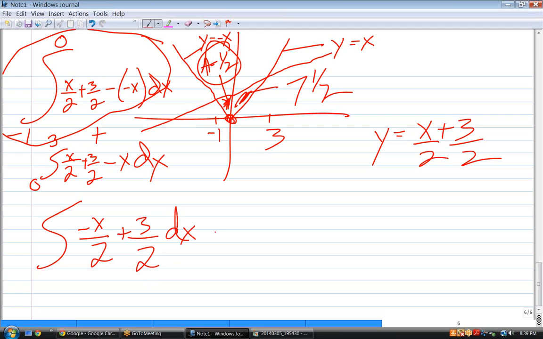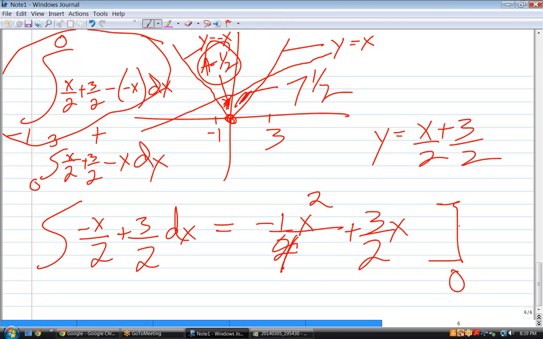Let's just go ahead and integrate it without taking the half out. So that's minus 1/2 x squared divided by 2 plus 3 halves x. And I'm going to evaluate it from 0 to 3.